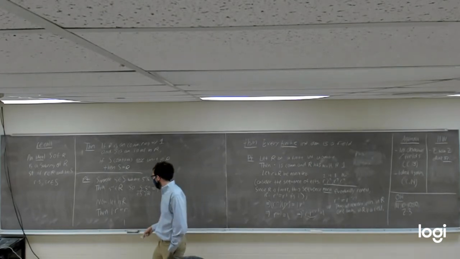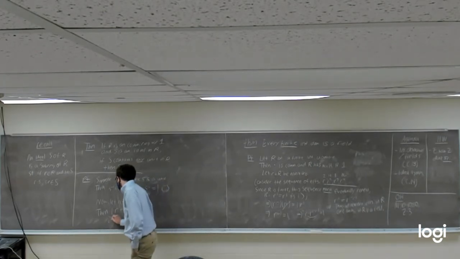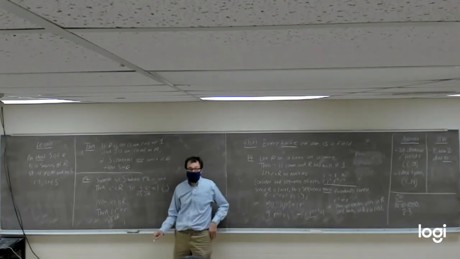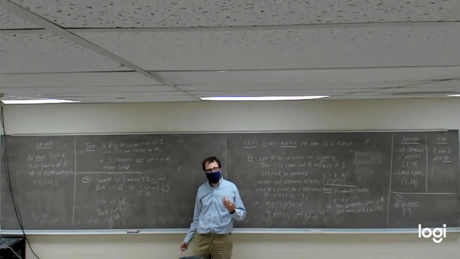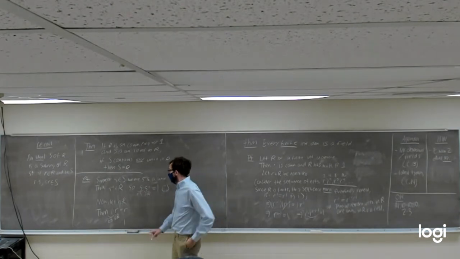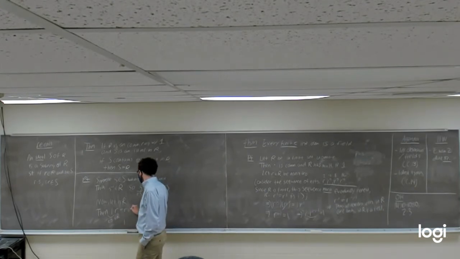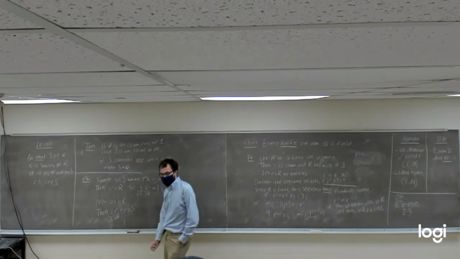But what's this? 1, we now know, is an element in our ideal S. r is an element in R. And even if we're multiplying just by 1, by definition of an ideal, anything in the ideal times anything in the ring is going to have to be an element in the ideal.